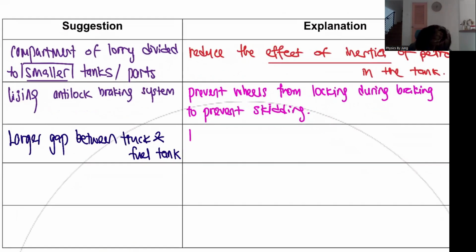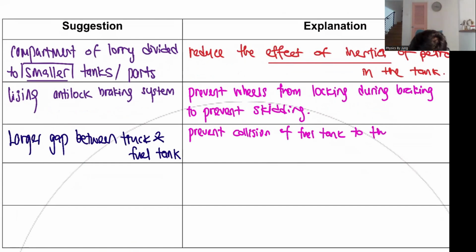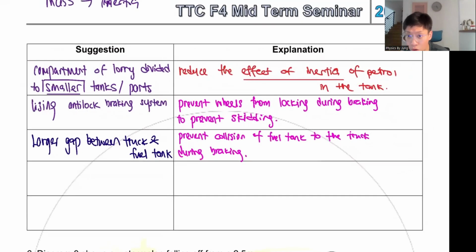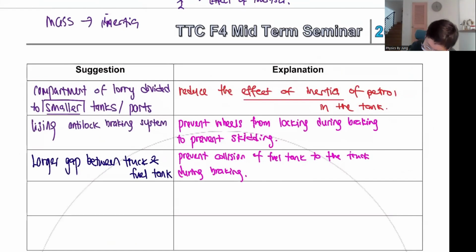Okay, so the purpose here is to prevent the collision of the fuel tank to the truck during braking. Because what I'm trying to avoid is, I'm afraid of what happens when this big lorry accidentally hits a tree.